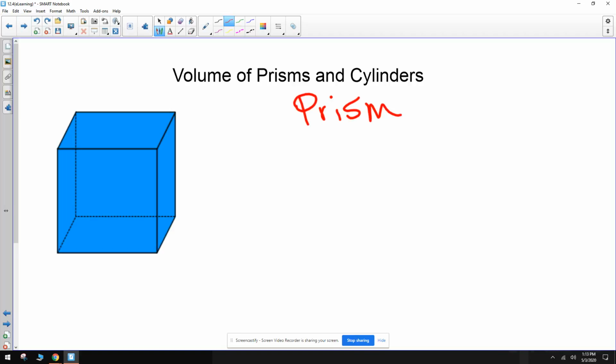Okay. Before I give you the formula, I want you to understand where the formula comes from. Since it's volume, we're focusing on the inside of the shape. So if we take a look at the base, I want you to think of this as the area of the base, the whole base.